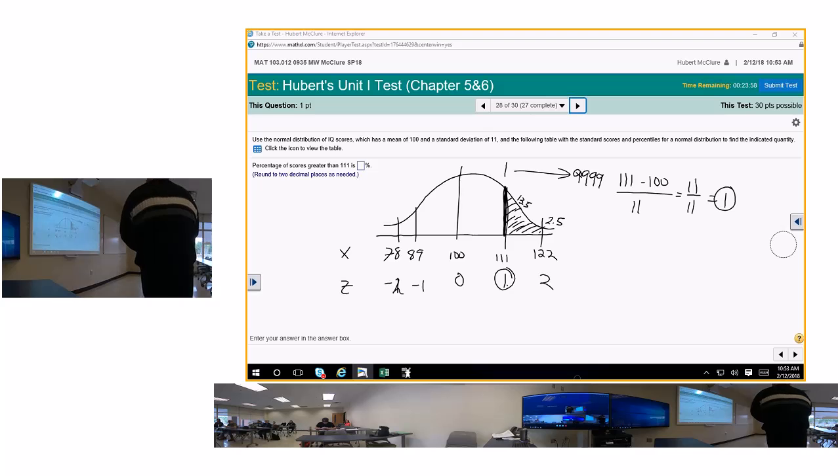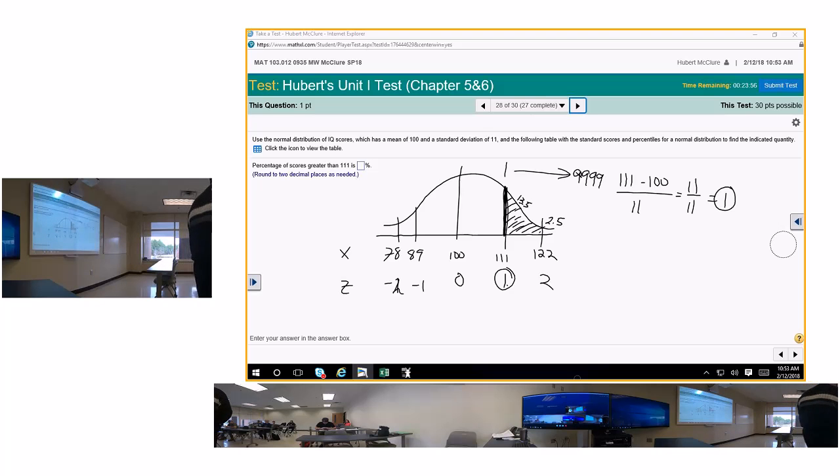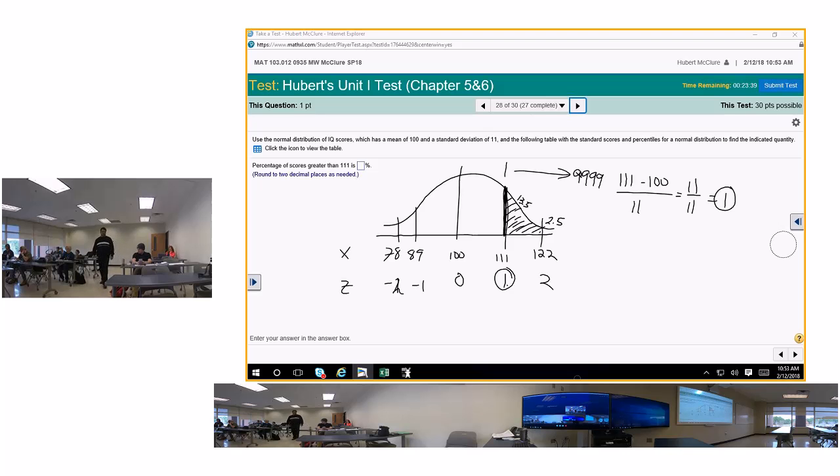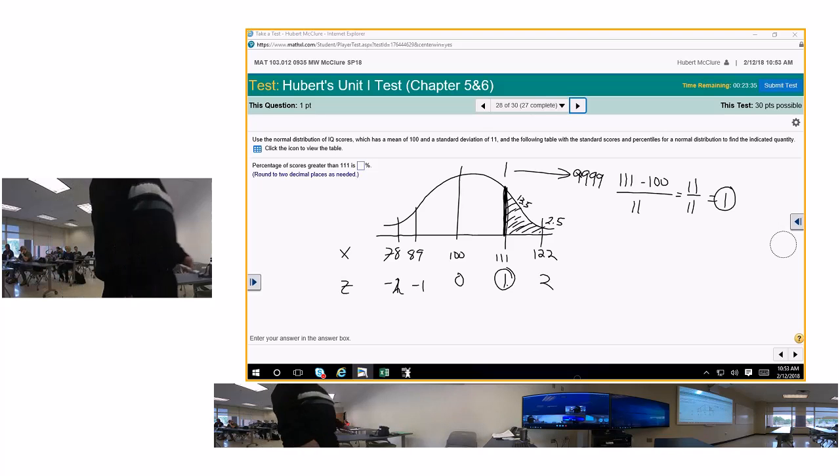From 1 to 9999, inverse, second normal CDF. What'd y'all get? 0.16. Which is 16%. So type in 16.